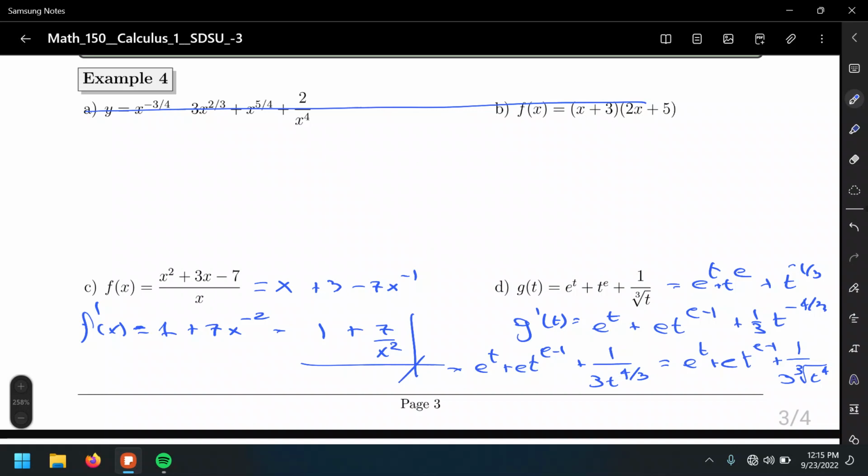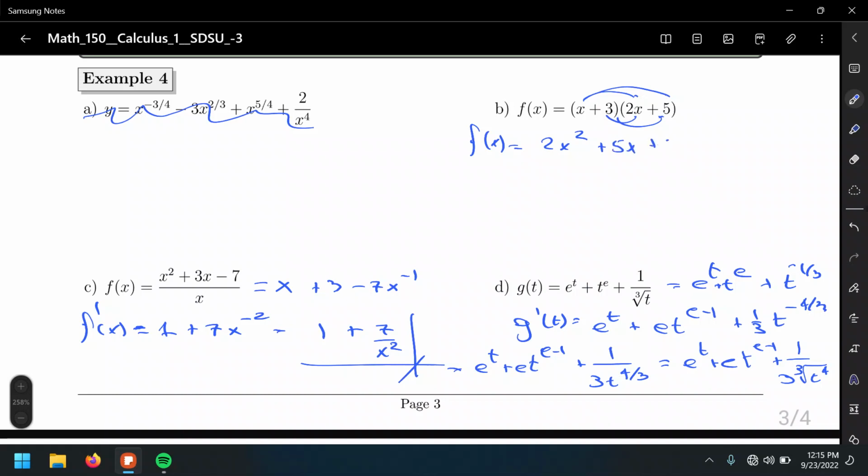Well, let me briefly talk about letter B. For this one, we have a product of two functions. We're going to learn about the product rule in the next section. In the meantime, since we don't know the product rule yet, we would have to FOIL. Foiling, that's x times 2x, that's 2x squared. x times 5, that's 5x.